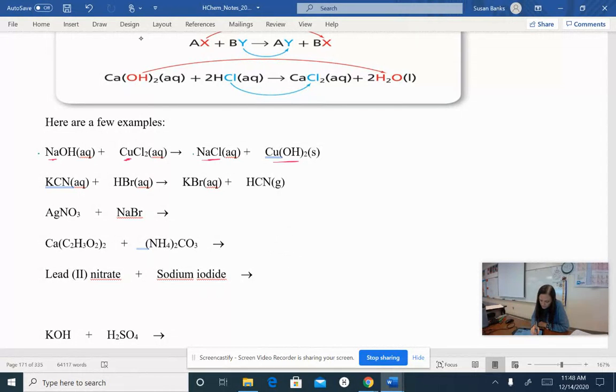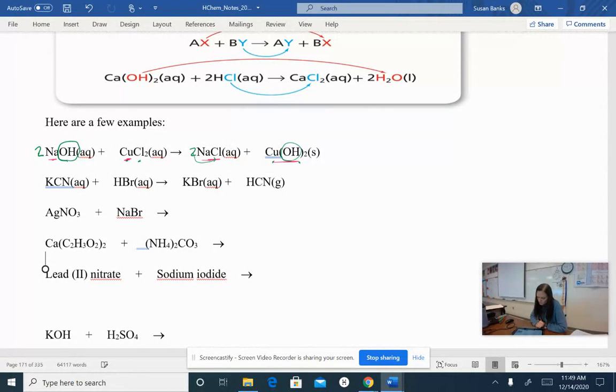Notice our hydroxides travel in a group, so I'm going to balance them as a group. I've got 1 hydroxide here. I've got 2 here. So I'm going to double this, which means I need to go back and double my sodiums right here. Okay? I've got 1 copper, 1 copper. I've got 2 chlorines and 2 times chlorine right there.